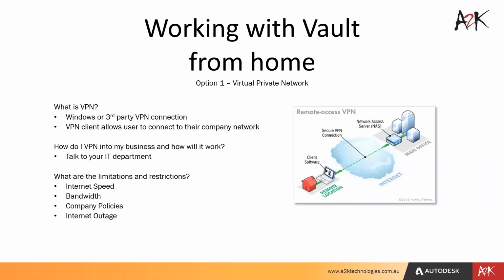Once the data is downloaded and potentially checked out, if you do get internet outages, you can work on the information locally and keep saving the info locally. Then when the connection comes back up, you can perform a check-in to create new versions in Vault. So those are some of the available options to get around some of the limitations.